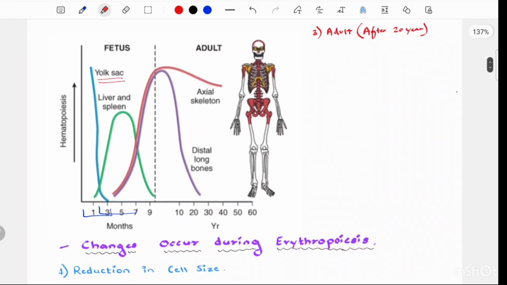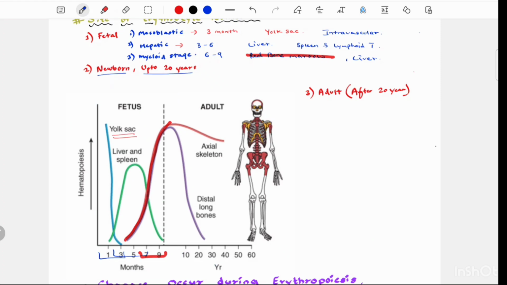Okay, so see here in the graph, after 6 months to 9 months, you can see it's your red bone marrow. In newborn and up to the age of 20 years, red blood cells are produced from red bone marrow, from long bones as well as from all the flat bones.